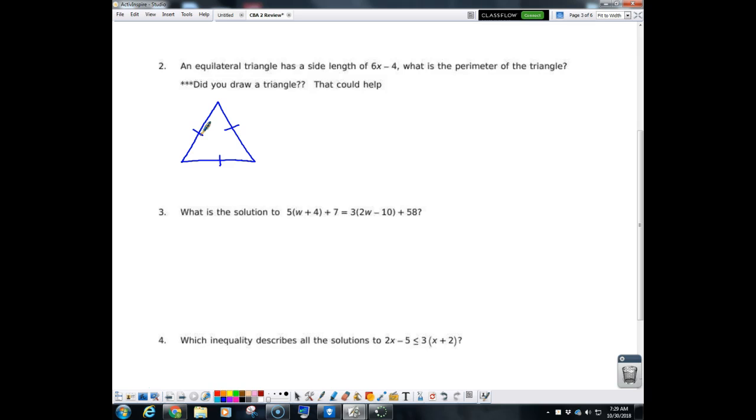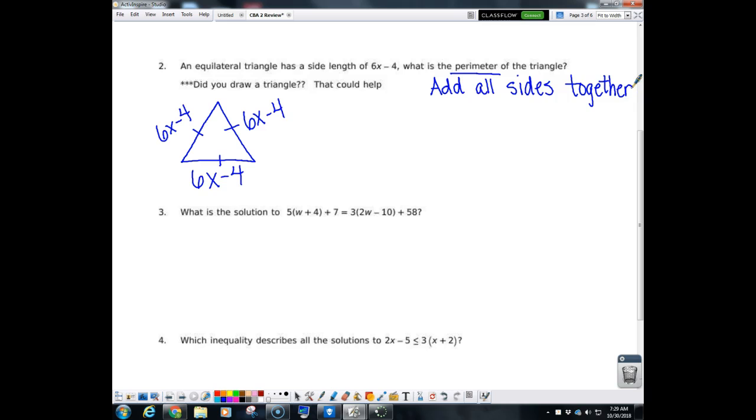So if this is 6x minus 4, then so is this, and so is this. They want to know the perimeter of the triangle. Perimeter is when you add up all the sides.